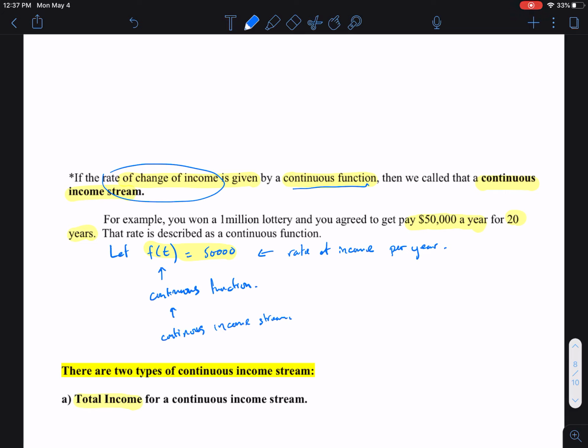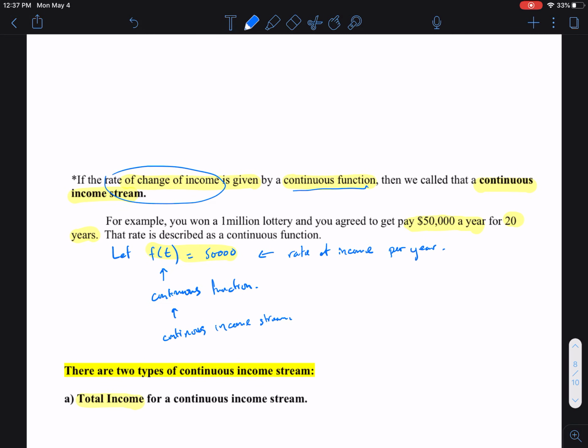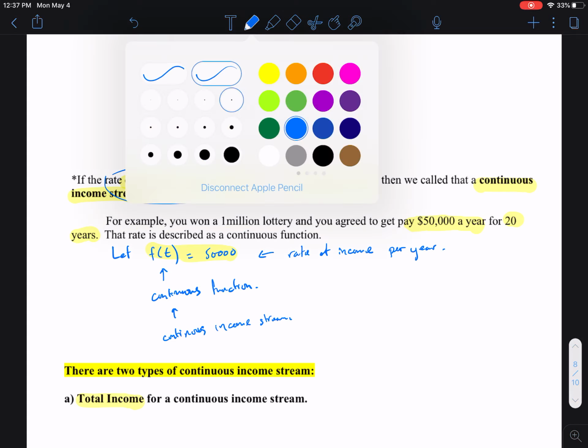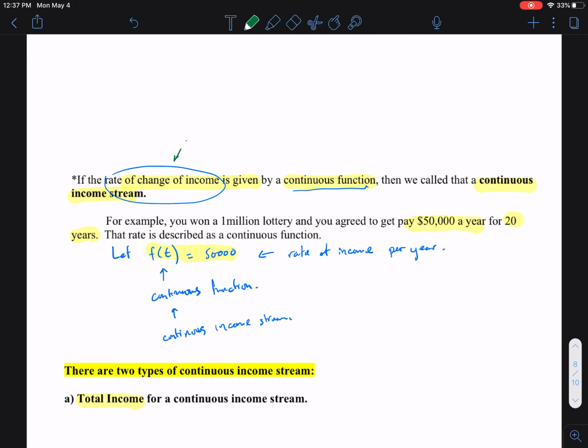Another word for this rate of change of income is sometimes called the rate of flow of a continuous income stream. The flow of the money is coming in continuously.